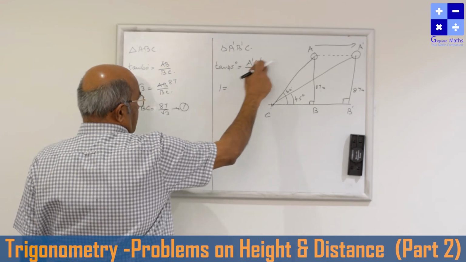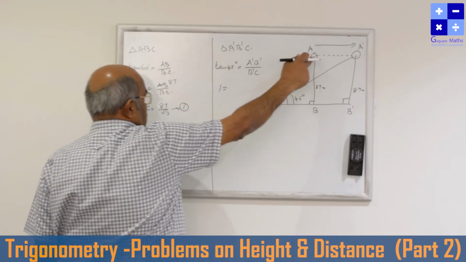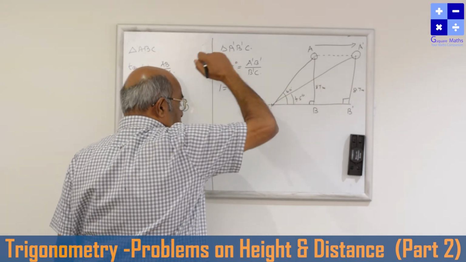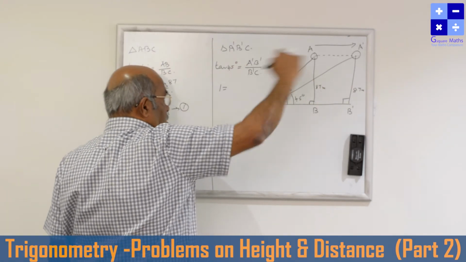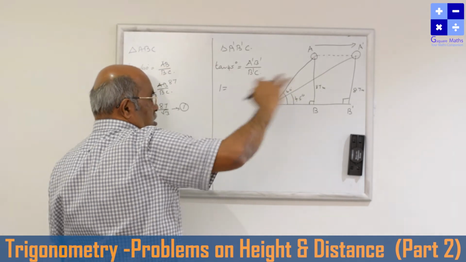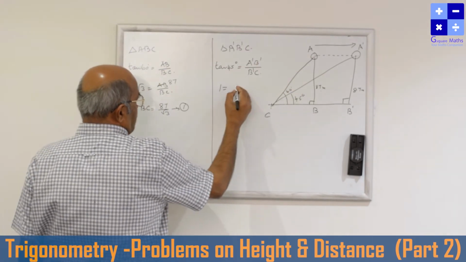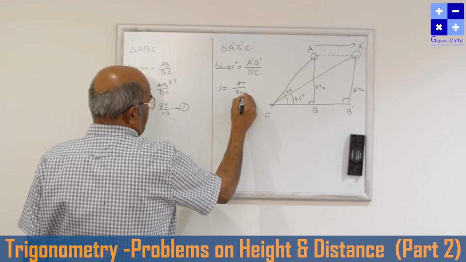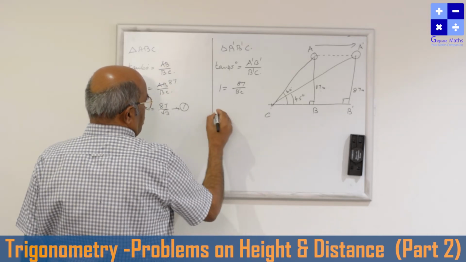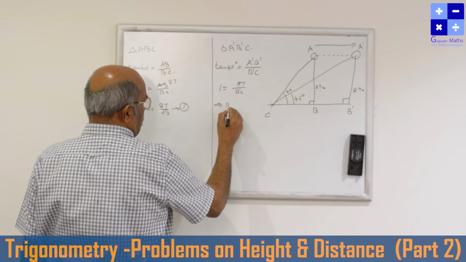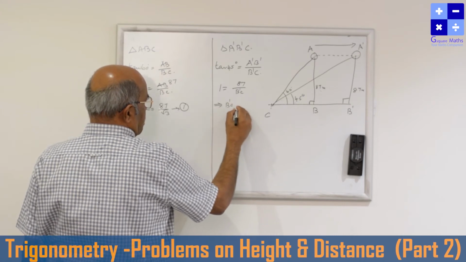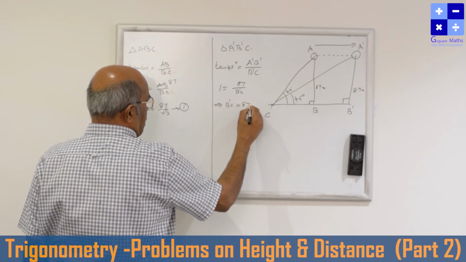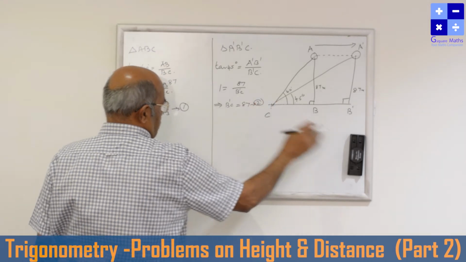A dash B dash is the height of the balloon, right? And so this and this are the same. The balloon is moving horizontally only. It's not changing its height. So that is also 87. So this implies B dash C is equal to 87. Equation 2.